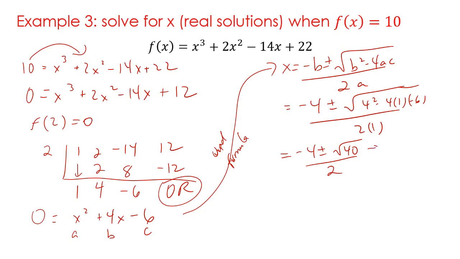Remember that root 40 can be broken up into root 4 times root 10. The reason why you want to do that is because the root of 4 is 2. So x equals negative 4 plus or minus 2 root 10, over 2.